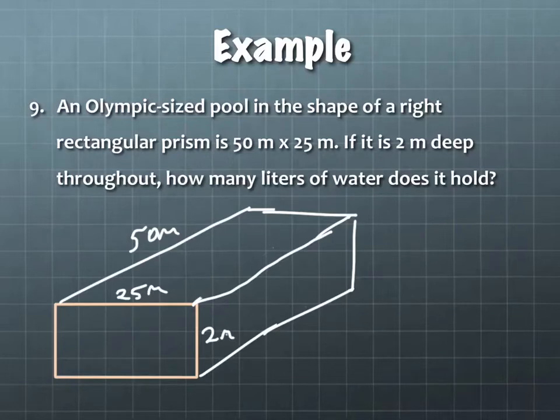So what in the world would I do to find the volume of my pool? Yeah, length times width times height. 50 times 25 times 2. What would that give me?